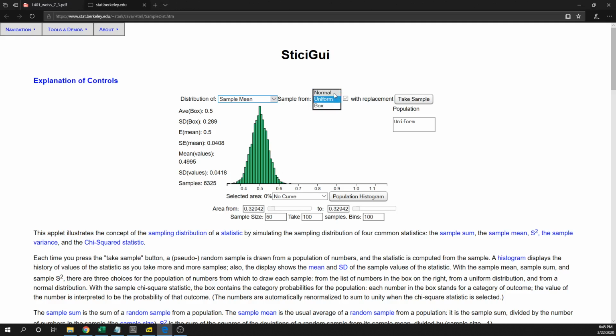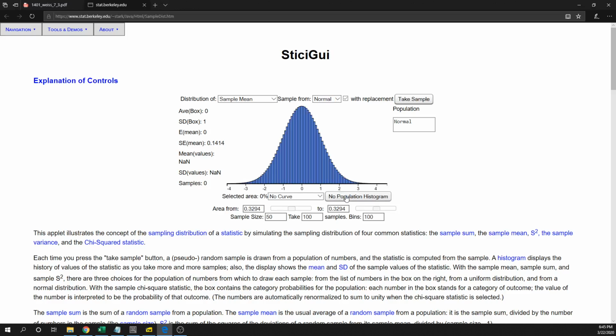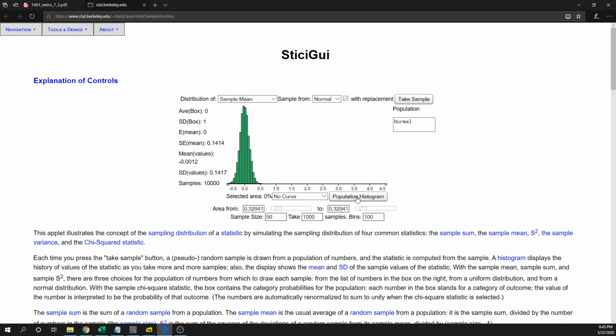And then of course, if we start off with a normal distribution itself and take samples from it, we can see that the distribution of the sample means looks normal again.